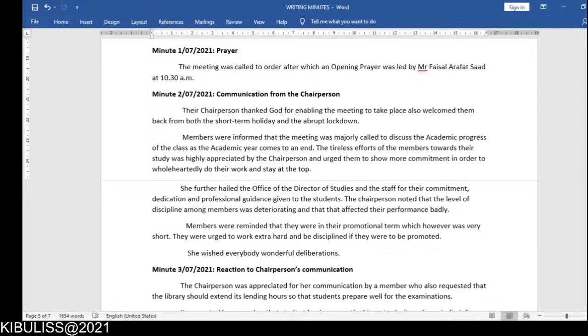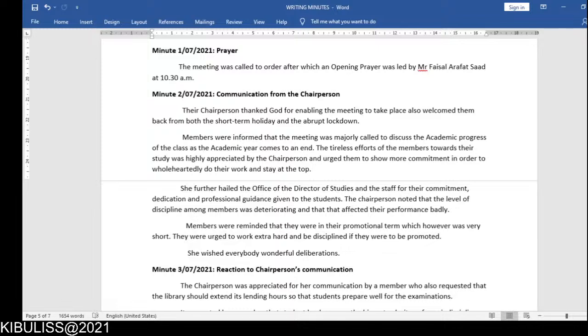Look at the next item, minute 2, communication of the chairperson. These are the things that the chairperson discussed. She thanked God that they were alive, that the meeting was able to take place, welcomed the members, probably thanked the members. Then she says what she has to say.